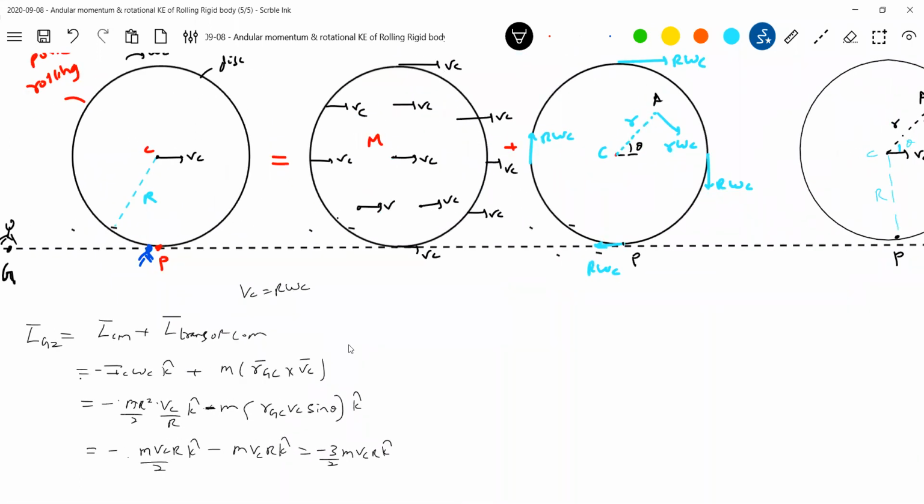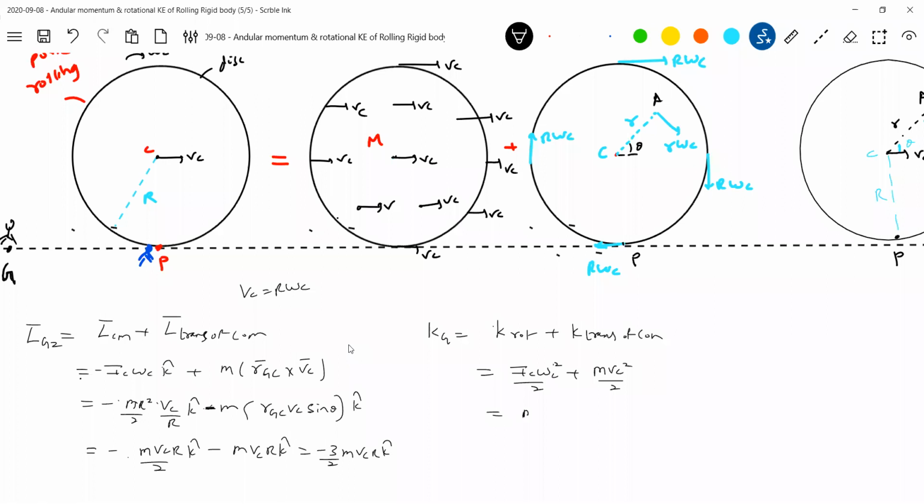Kinetic energy. What about the person? Kinetic energy measured by the person on the ground. You will see the center of mass having translating motion: kinetic energy due to rotating motion about the center of mass plus translating motion of the center of mass. Due to rotating motion, IC omega C square by 2. Due to translating motion, MVC square by 2.